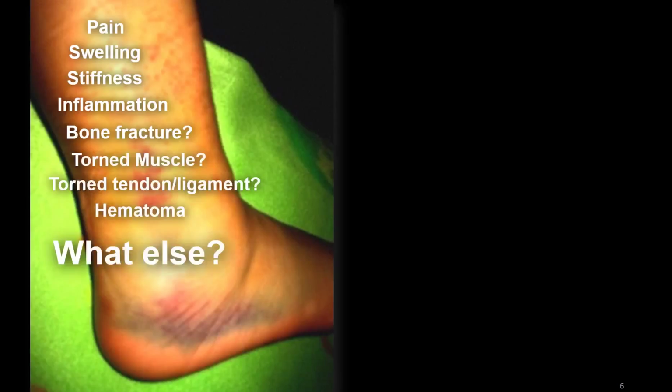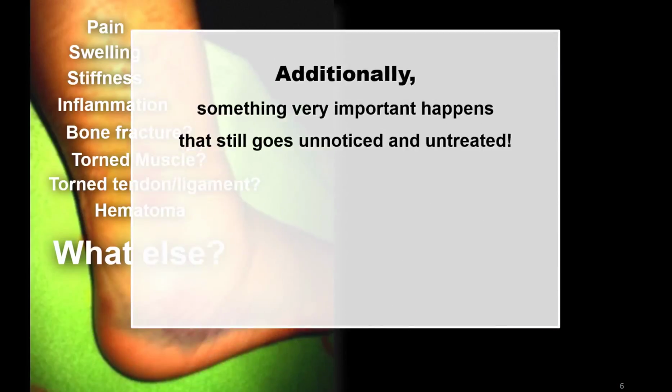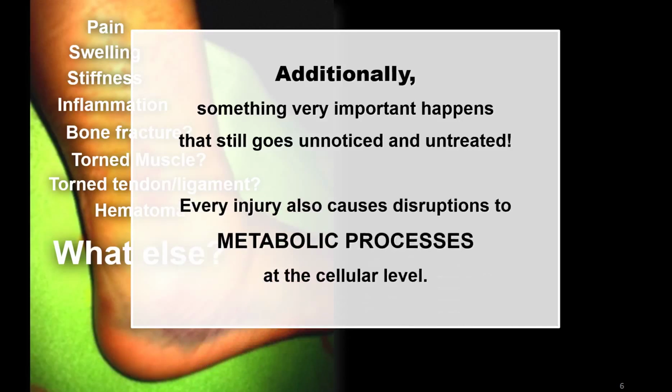Can you think of one more item, or is everything there? Additionally, something very important happens that still goes unnoticed and untreated. Every injury also causes disruptions to metabolic processes at the cellular level. This is something that is still going unnoticed and untreated in conventional medicine.